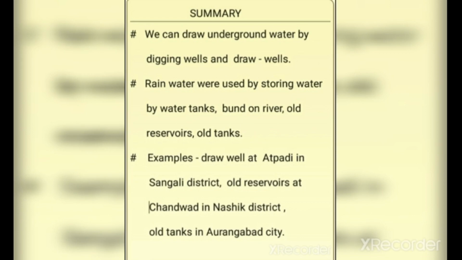And the examples of draw wells we can see today also at Atpadi place in Sangli district, and the old reservoirs at Chandwad in Nashik district and old tank in Aurangabad city. Means today also we can find such types of water storage in different places.